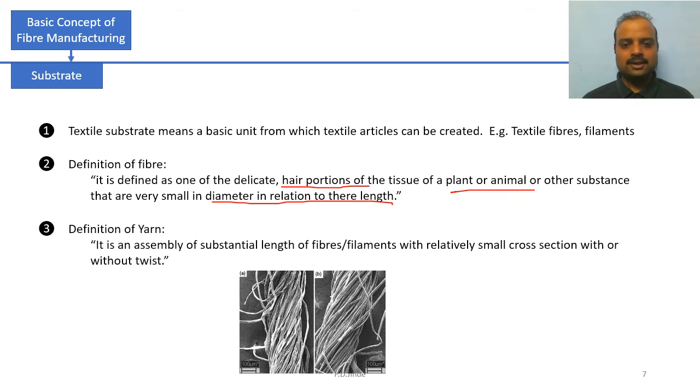That means its length is much longer compared to its diameter, as in the definition of fiber. But this yarn is made out of fibers, so the fibers are assembled together, consolidated together and slightly twisted, so the structure is created. The structure is called yarn.